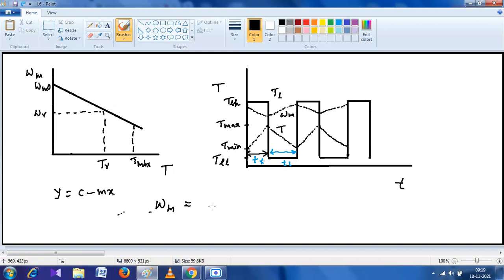It is a constant. At which point does the curve cut the y-axis? The value of the speed at that point is omega m0. So the value of c should be omega m0, then minus what is the value of the slope here?